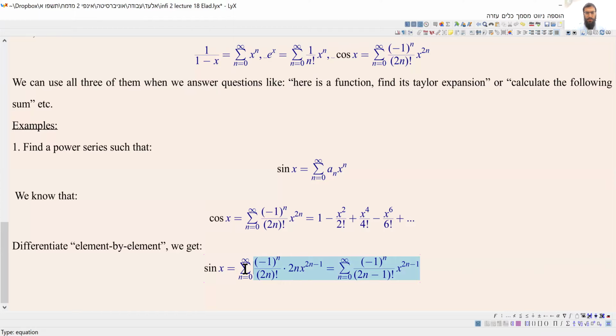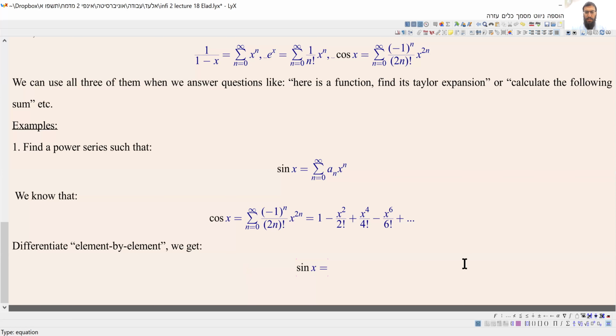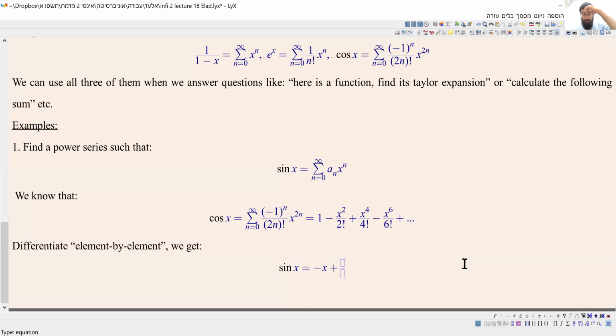When we differentiate it that way, we do get minus x plus x cubed above 3 factorial minus x to the power of 5 above 5 factorial, and so on, which is minus sinus, because it is the derivative of cosinus.